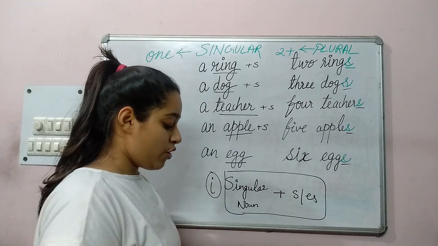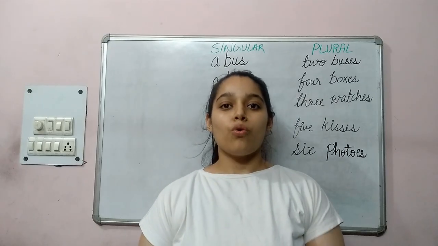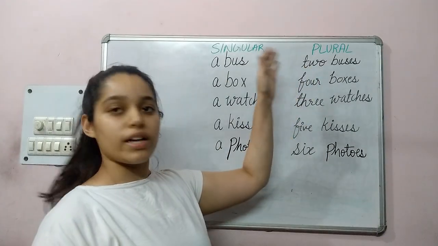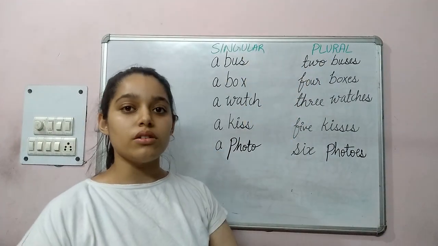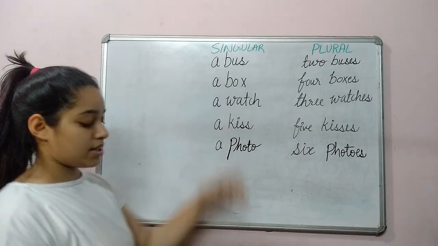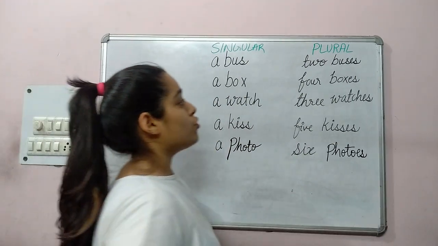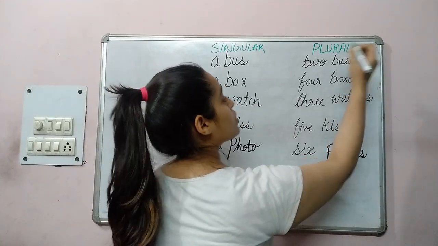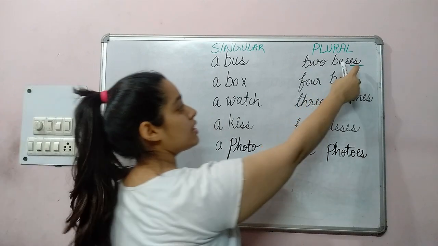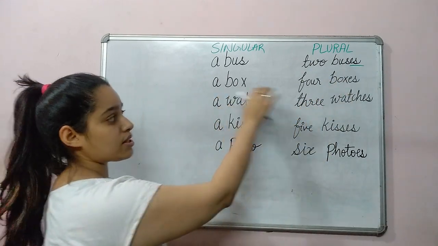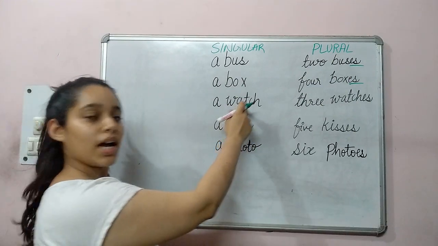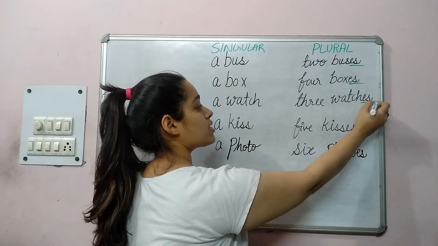So, moving on further. For the nouns where we add ES while changing from singular to plural, here we have few examples. A bus, two buses. So, while changing from singular to plural, we add ES. A box, four boxes. A watch, three watches.